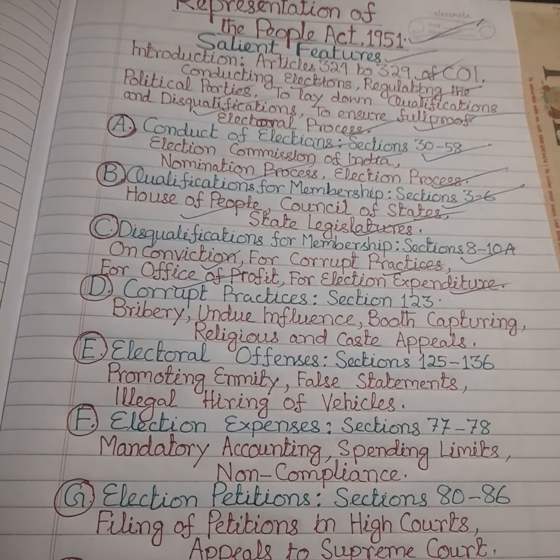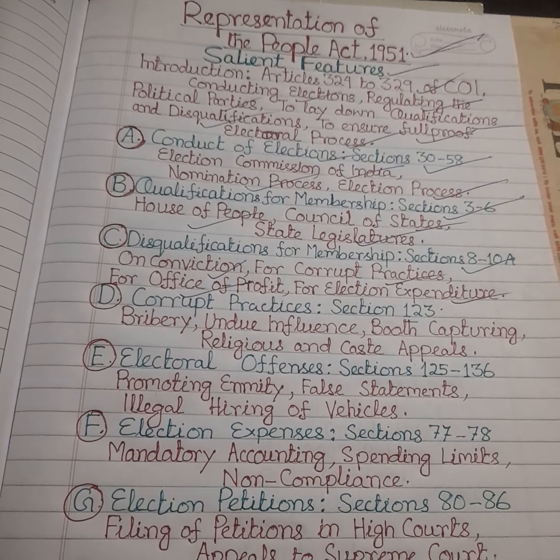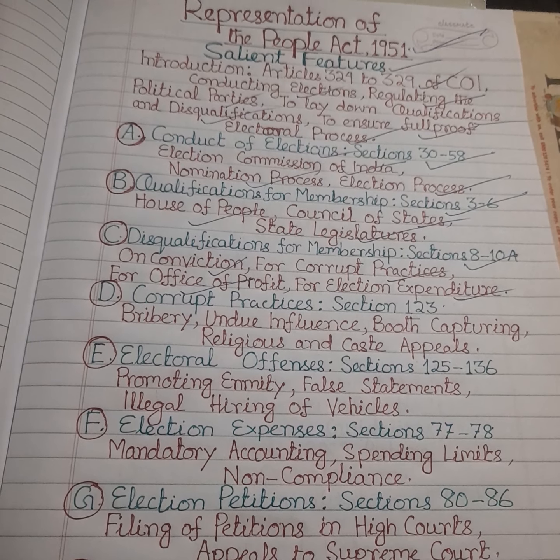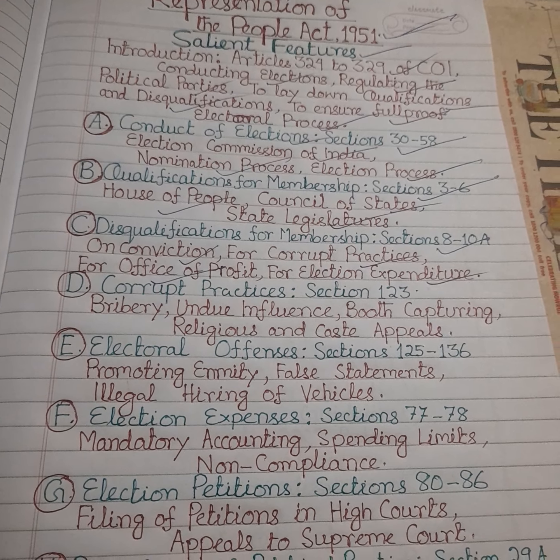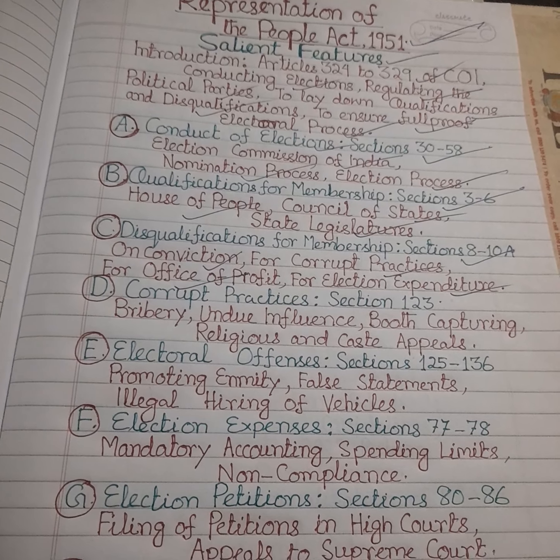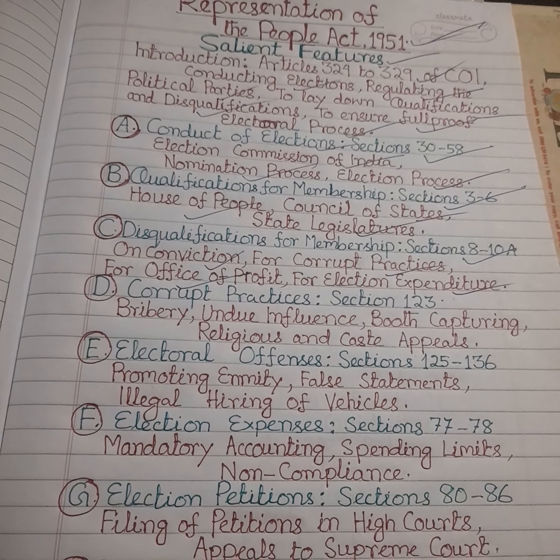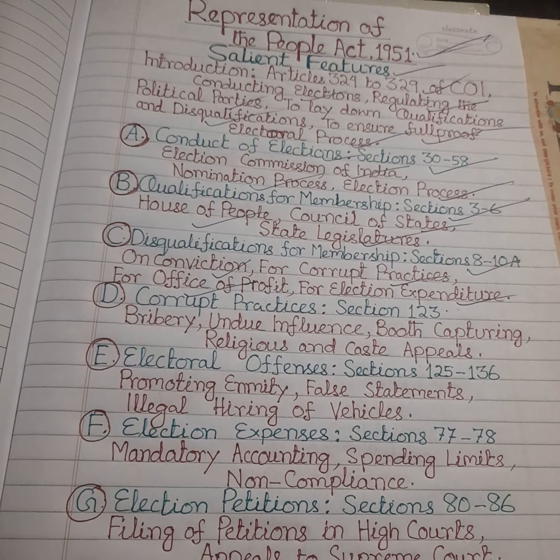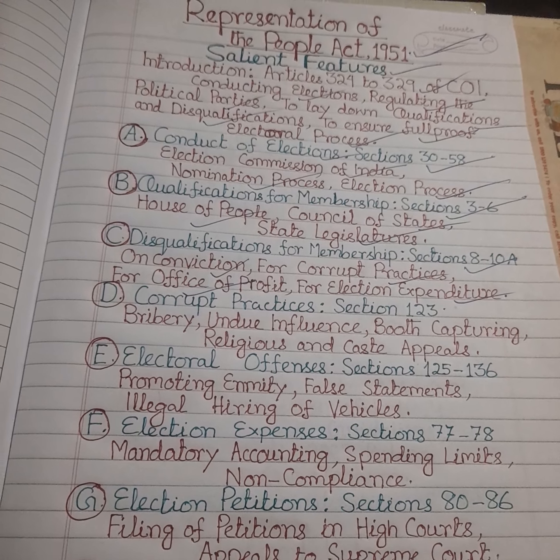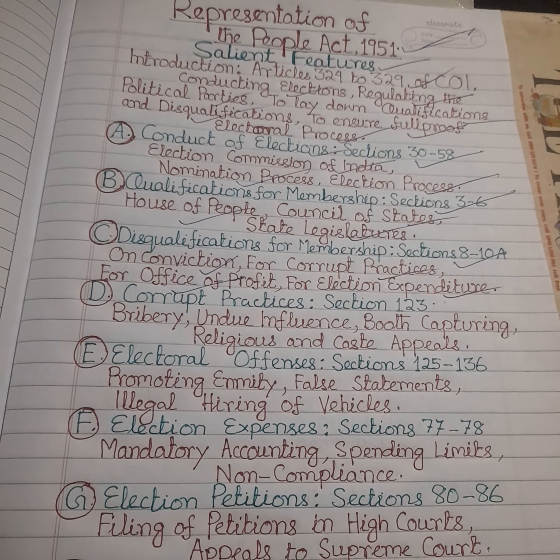And regarding undue influence, which is provided under Section 123, subsection 2 of the Act, it means interference with electoral rights: any attempt to influence the electorate's free will through threats or manipulation, whether directly or through agents.